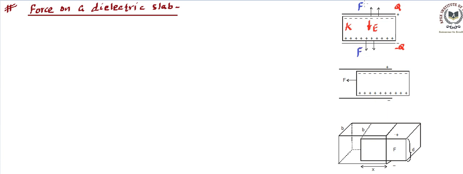Now I am writing both the forces as F because they are going to be equal, and this force F is going to be equal to the charge that is induced or polarized times the field that is existing between the plates. So the net field and the polarized charge will be multiplying together to form the force on the dielectric slab. But this force is going to act on both the faces and in the opposite direction.